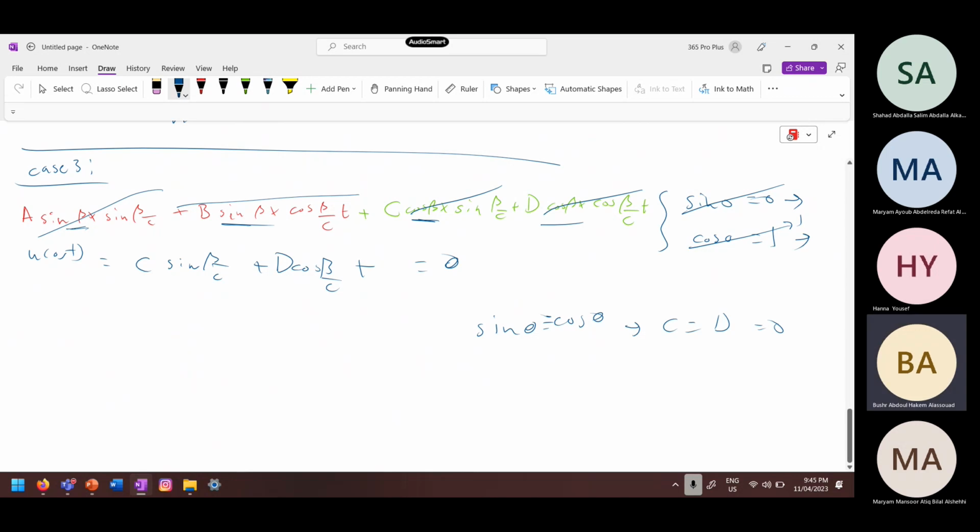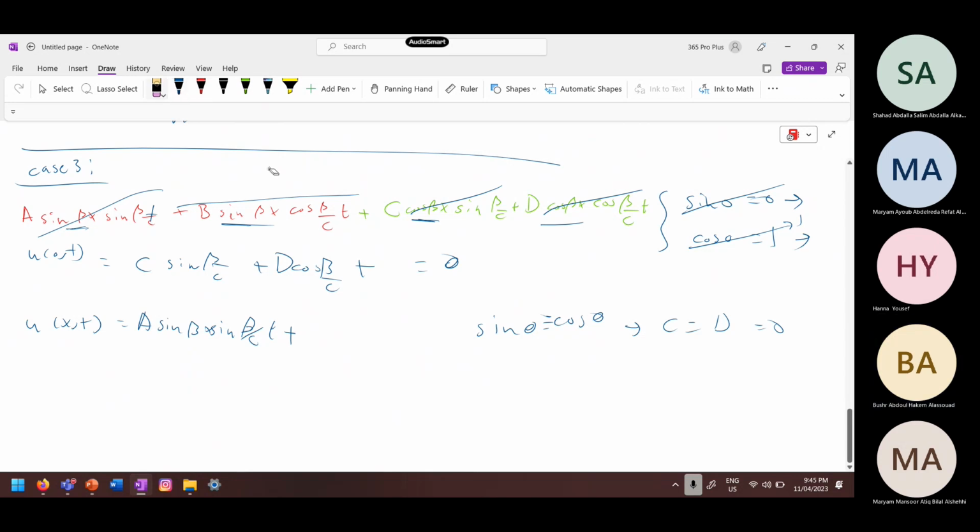Yes, the last two terms are useless. Now you just end up with U, X, and T. A sine beta X sine beta over C T. I'm forgetting the T. Okay.